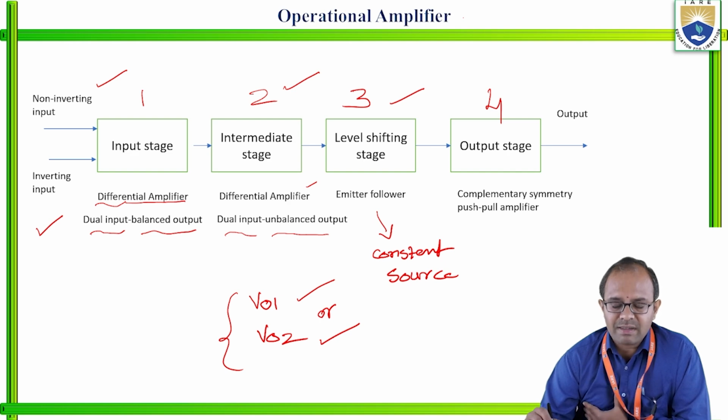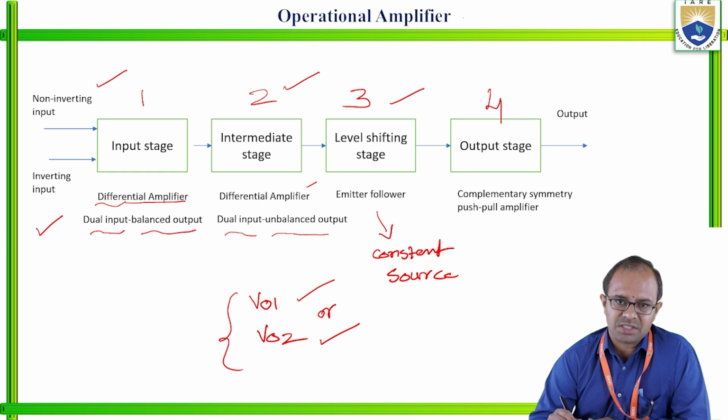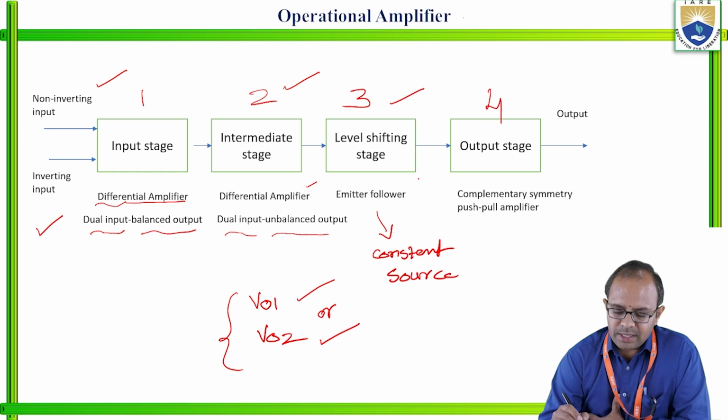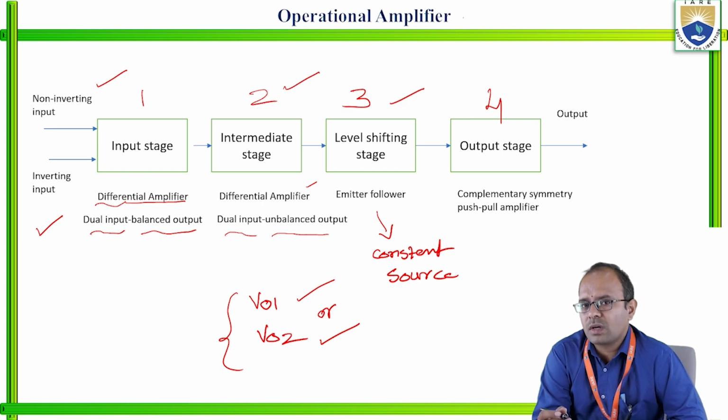So do remember, level shifting stage. What is the purpose of this particular stage? What this stage will do in the operational amplifier, we will see in the upcoming slides. So what type of circuit are we going to have here? It is going to be the emitter follower. Do you remember what is meant by the emitter follower?